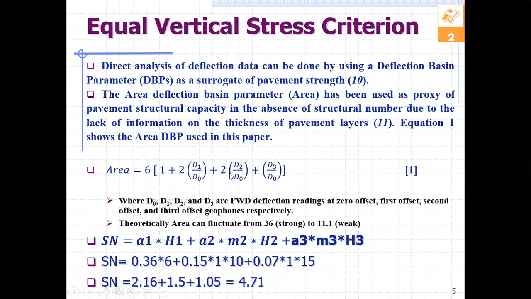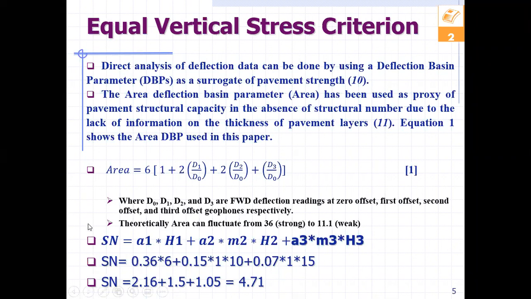The minimum can be something in the order of 10 point something, 11.1, something like that. Now, it's not really an area, it is a deflection basin parameter. But for some reason, the literature calls it the area. It's just the way it's called.